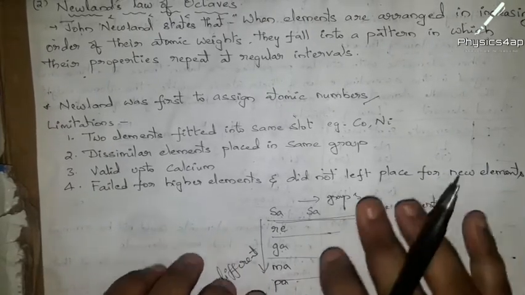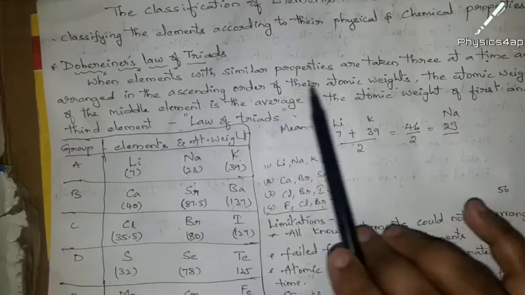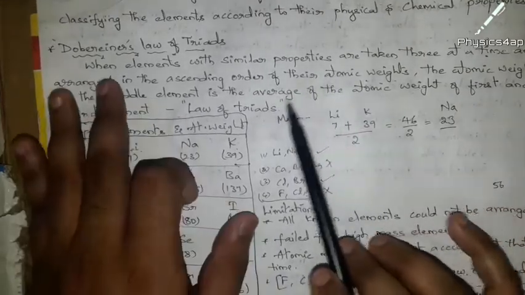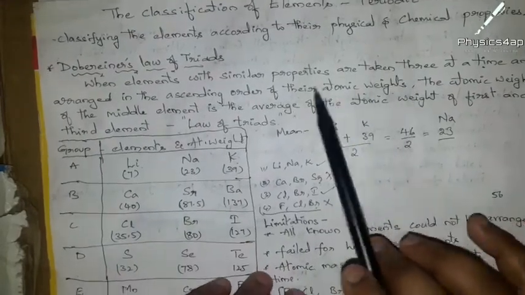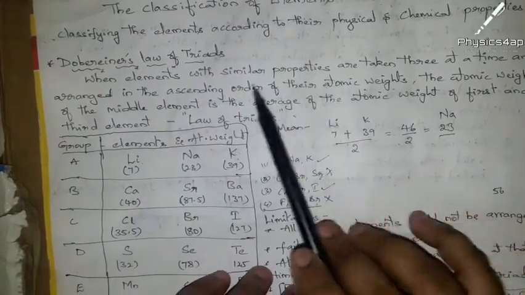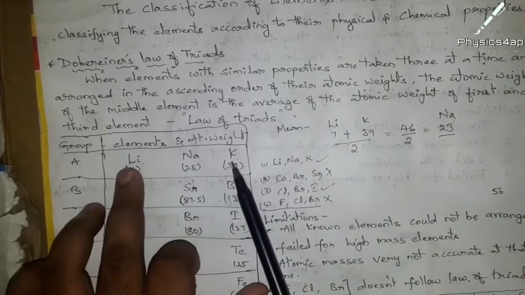So today we have discussed Doberneir's law of triads. In this law of triads, you need to memorize the statement. The statement is simple: based upon similar properties, elements are arranged according to the ascending order of their atomic weights, and the arithmetic mean of the first and the third element equals the second.